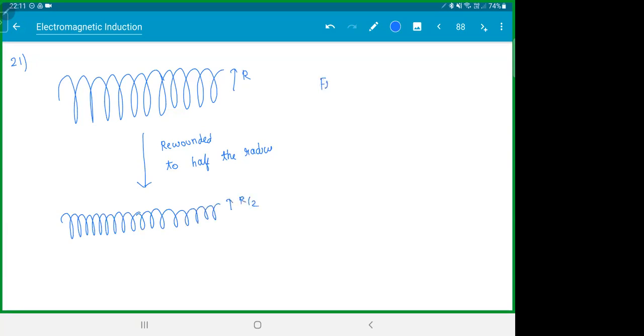Find the ratio of self-inductance before and after. You took a long solenoid, opened the entire wire and again wound it to half the radius, smaller coils. Find the ratio of self-inductance before and after.